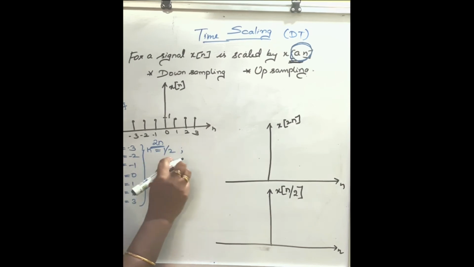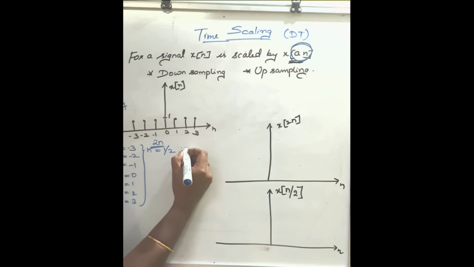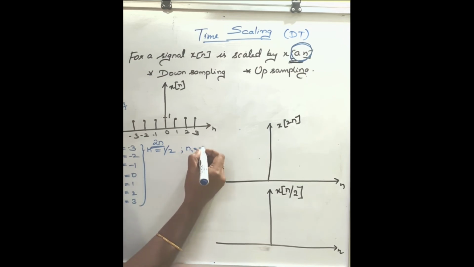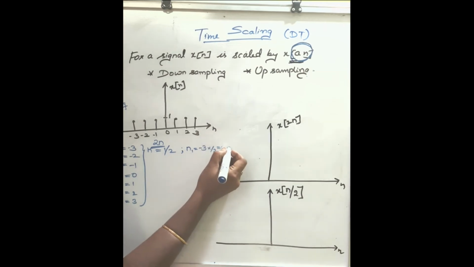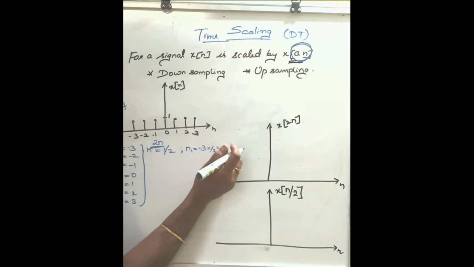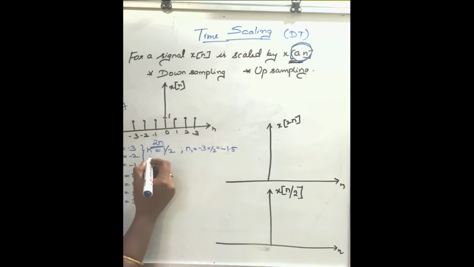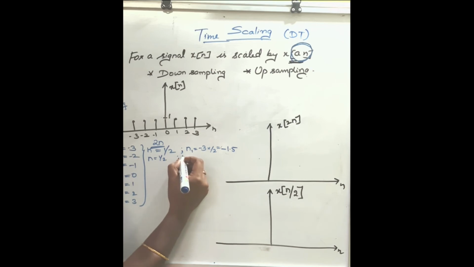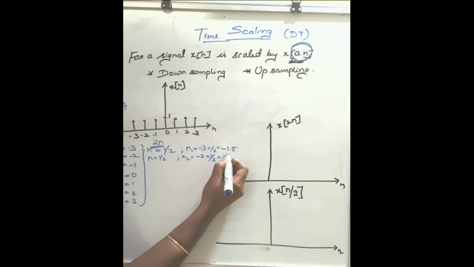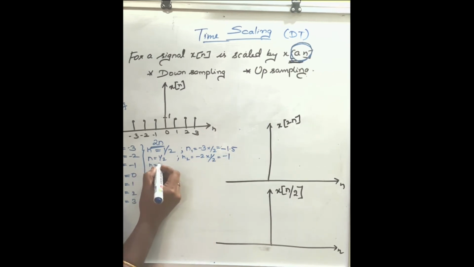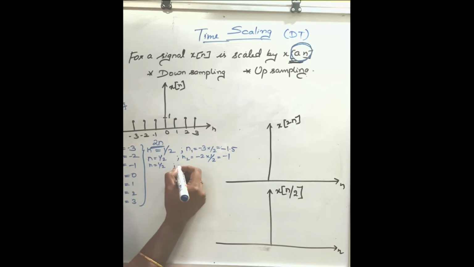So when n is equal to 1 by 2, your n1 becomes minus 3 into 1 by 2, that is minus 1.5. Next is n2 is equal to minus 2 into 1 by 2. This becomes minus 1.